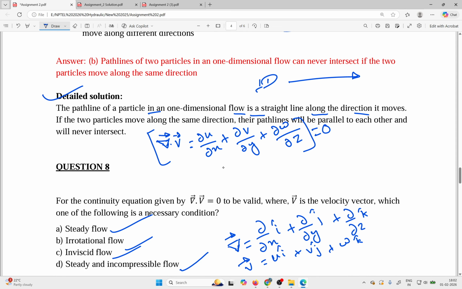So this is the same continuity equation, and we have already solved a question on this equation earlier. The flow was steady, that is change in time is 0, and incompressible, means rho is constant, density is constant. I hope you all understand.